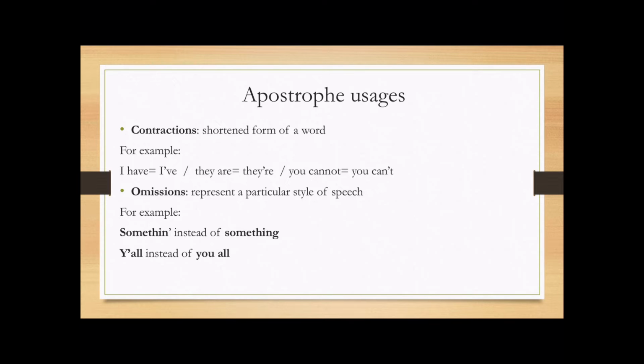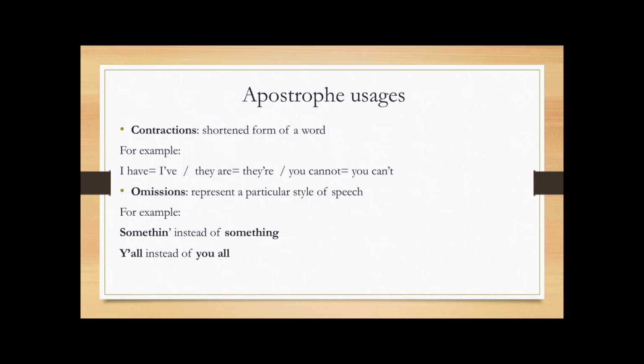Also, apostrophe usages are based on omissions. But what is an omission? Well, as you know, speech is constantly changing. This means that when a particular style of somebody starts getting common, the speech starts changing by itself, and this affects writing and also different types of arts.